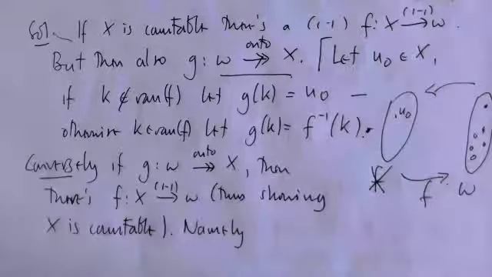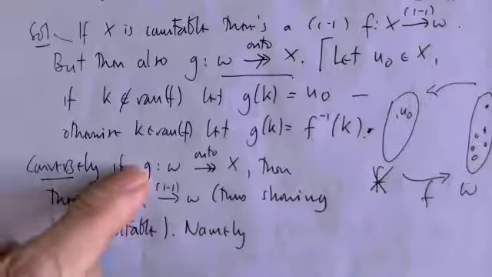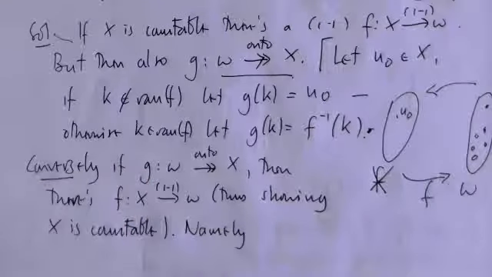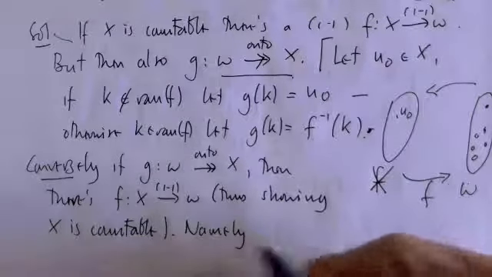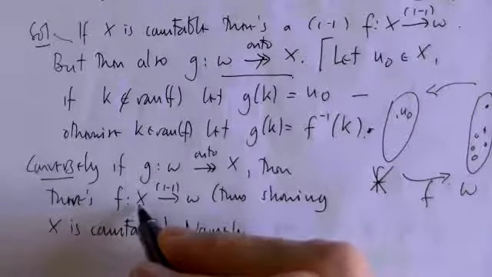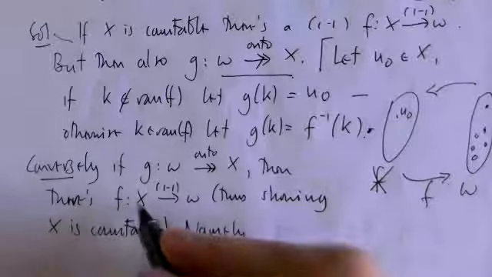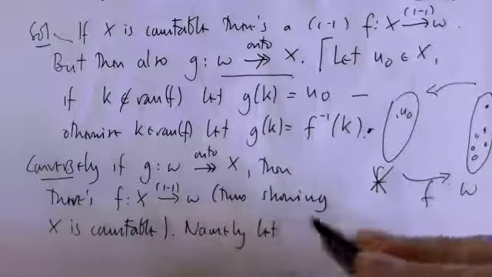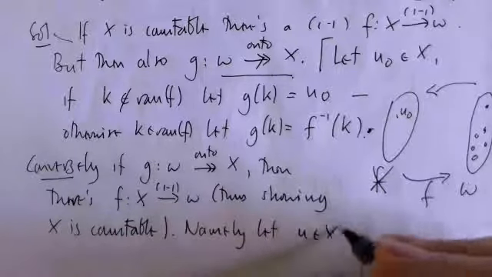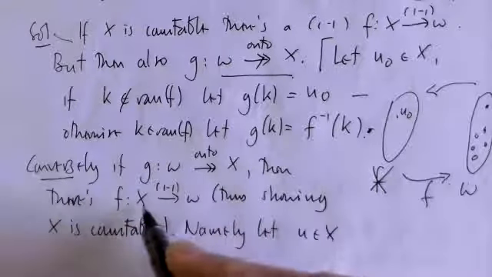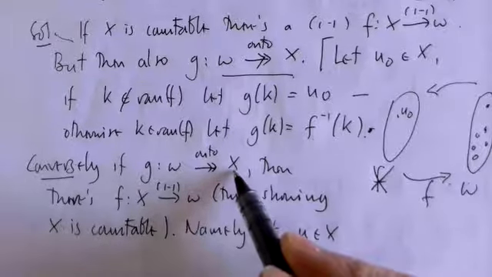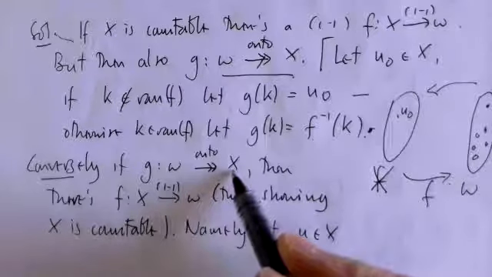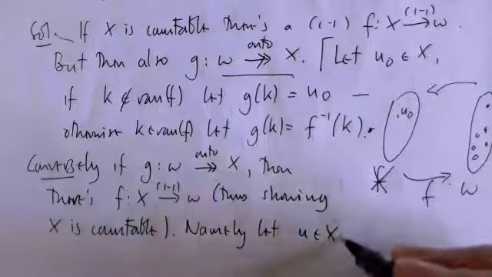So again, this is a standard move, how to get an F from a G, similar to what we just did. I take an element u of X. What will F of u be? Well, I just take the least number that gets mapped by G onto u.